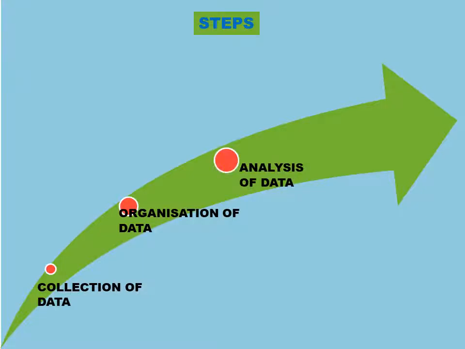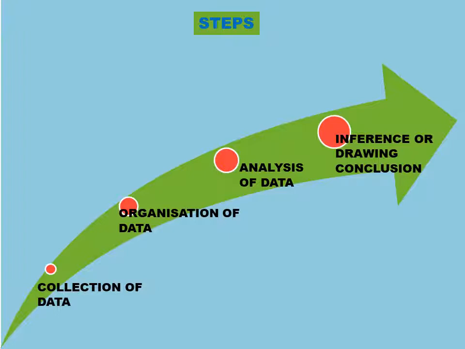The next step is analysis of data. Analysis of data means that once you have made a proper presentation of the data, you have to analyze it, meaning what the data is actually about. The last step is inference or drawing conclusions.